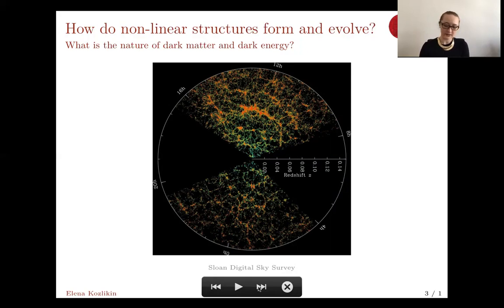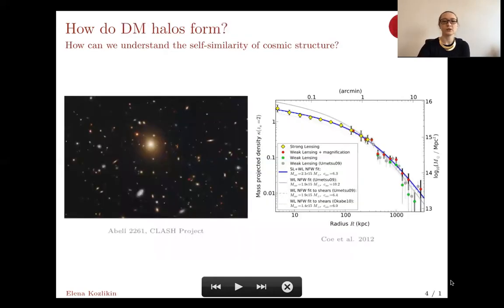We need this understanding in order to make reliable predictions for the matter power spectrum or higher order spectra, in order to interpret, for instance, relevant observational data and to infer information about the nature of dark matter and dark energy from them. Another very important question is about the universality that cosmic structures exhibit.